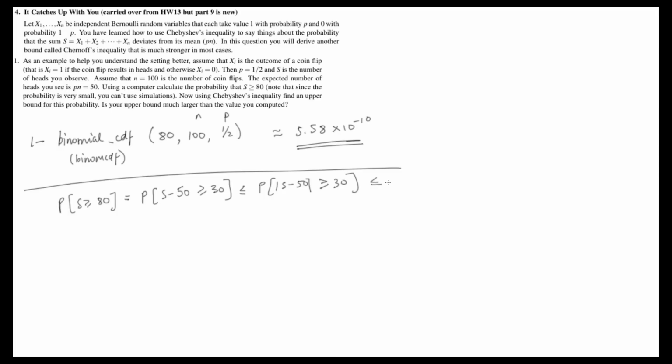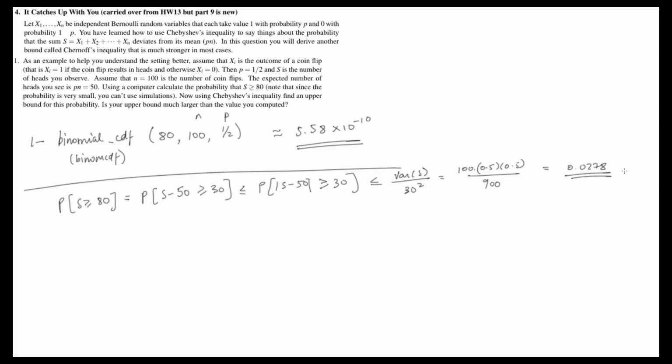This is less than or equal to, from Chebyshev's inequality, variance of S divided by 30 squared, which is 100 times p times 1 minus p, which is 0.5 times 0.5, divided by 900, which is equal to 0.0278.